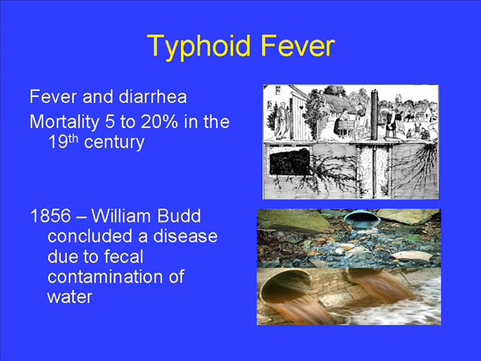The source of typhoid fever had been identified by William Budd in 1856 in an epidemic that occurred in Bristol, where he concluded the disease was due to fecal contamination of water.